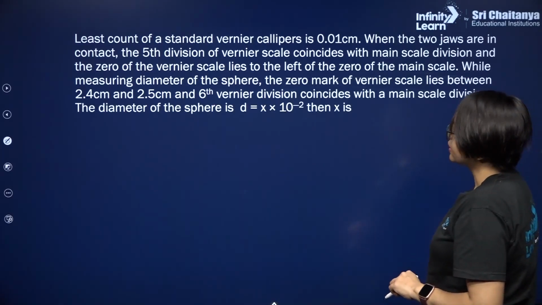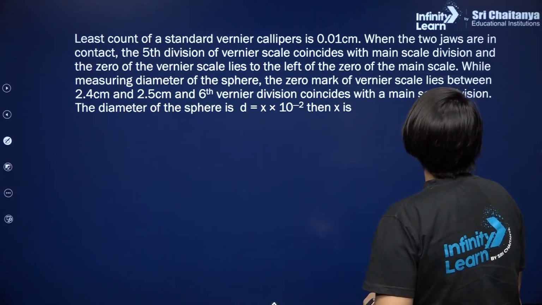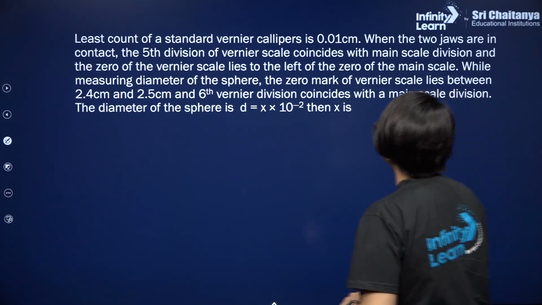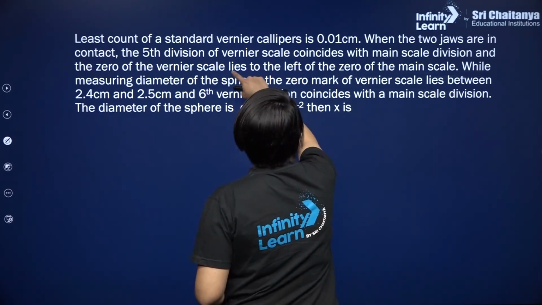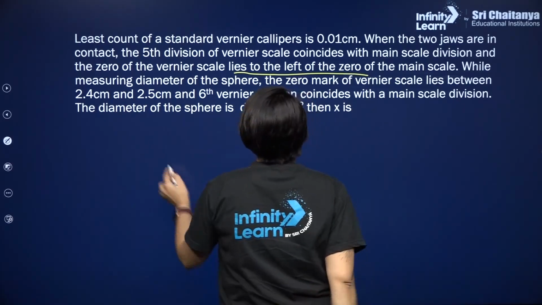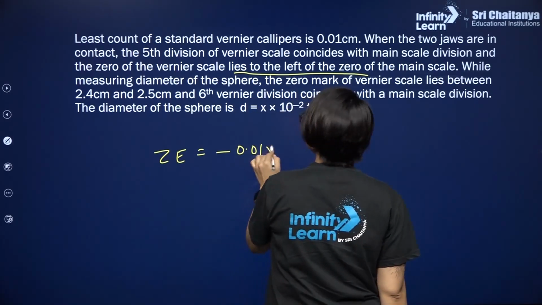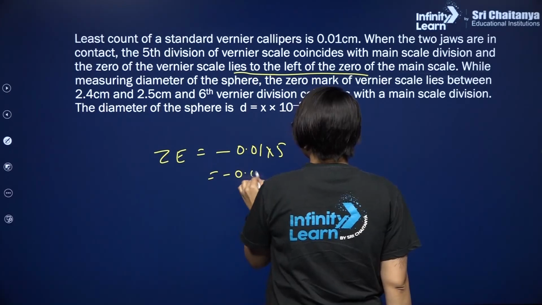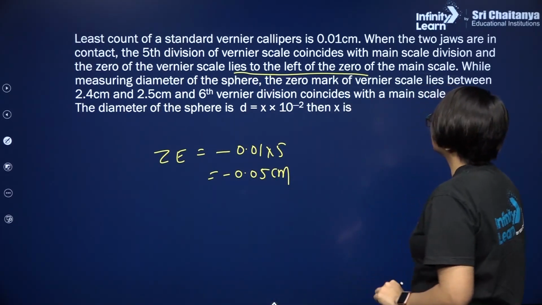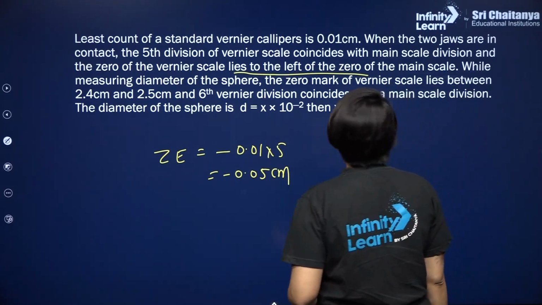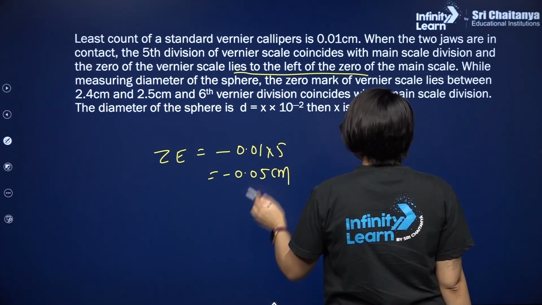Next is this one, least count of a standard vernier caliper is this much. When the two jaws are in contact, the fifth division of the vernier scale coincides with the main scale division and the 0 of the vernier scale lies to the left of the 0 of the main scale. This is negative zero error, that is minus 0.01 into 5, which is minus 0.05 centimeter. While measuring the diameter of the sphere, the 0 mark of the vernier scale lies between 2.4 and 2.5.